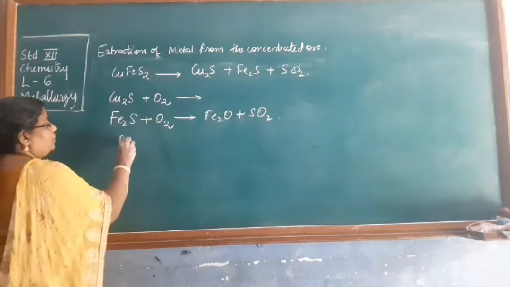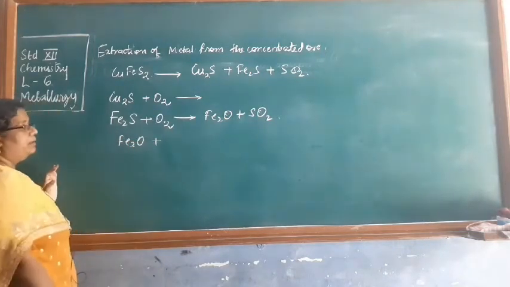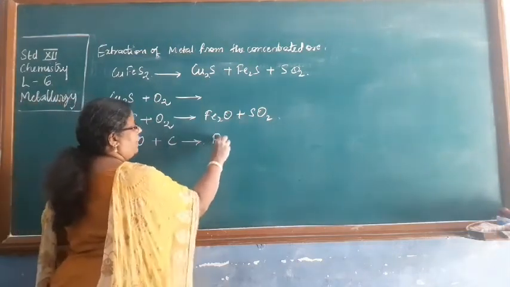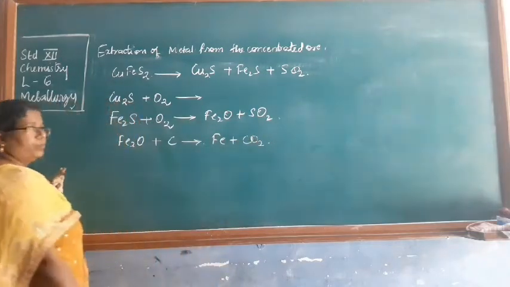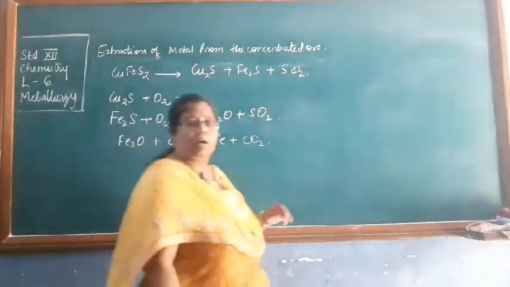This FeO will then react with carbon and give you Fe plus CO2. This is how the reaction will occur.